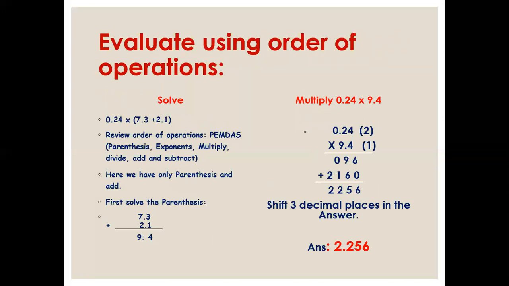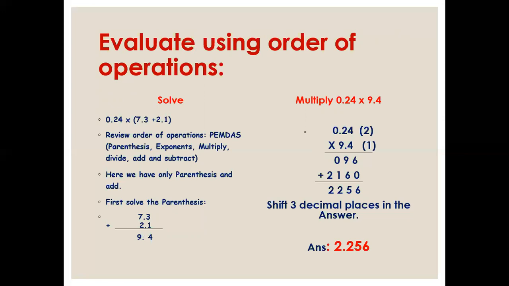Now, another thing you're going to learn in this lesson is how to evaluate using the order of operations. You have already learned the order of operations, PEMDAS, where you will be using parentheses, exponents, multiply, divide, add and subtract in order. So in this question, 0.24 times (7.3 plus 2.1).